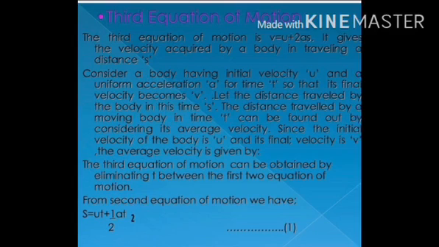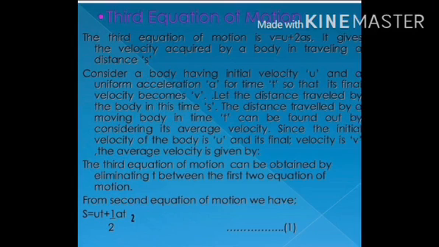The distance traveled by a moving body in time t can be found by considering its average velocity. Since the initial velocity of the body is u and its final velocity is v, the average velocity is given by... The third equation of motion can be obtained by eliminating t between the first two equations of motion.